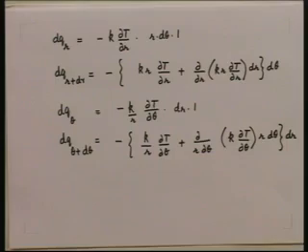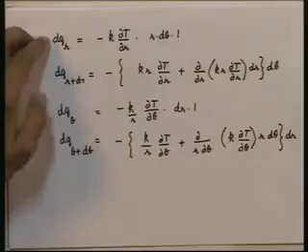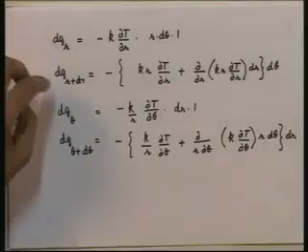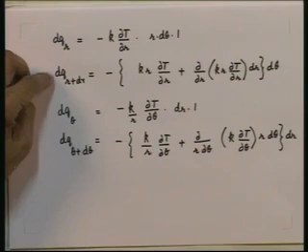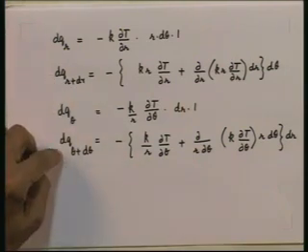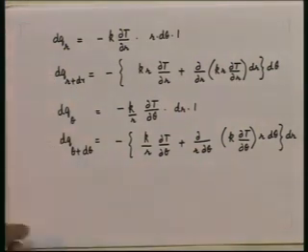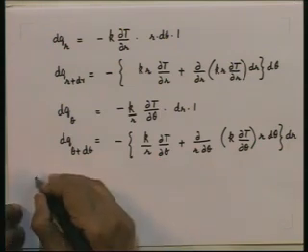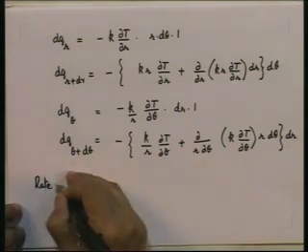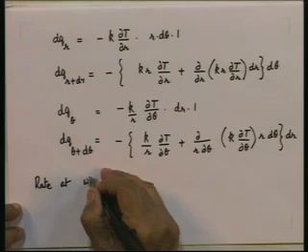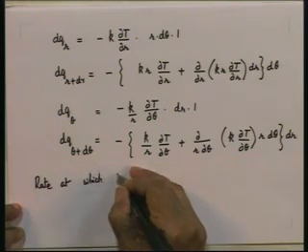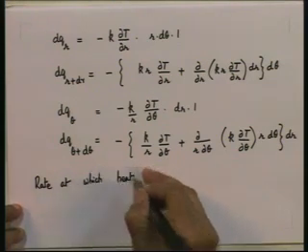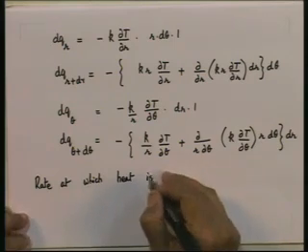Now, therefore, the rate at which heat is being conducted into the element will be dqr plus dq theta minus dqr plus dr minus dq theta plus d theta. And if you do all that, you will get the rate at which heat is conducted.